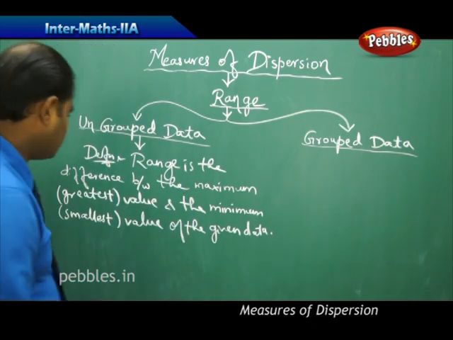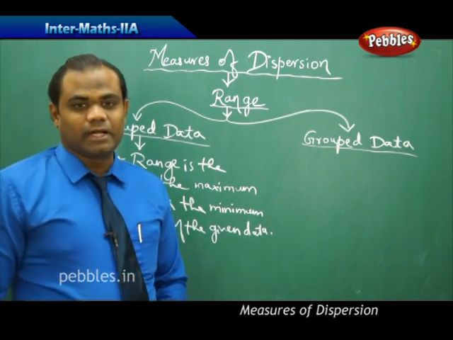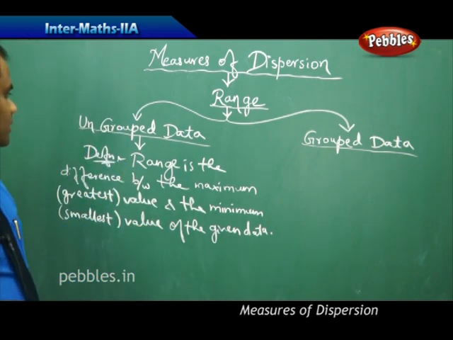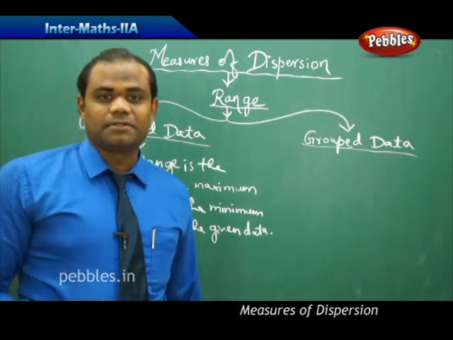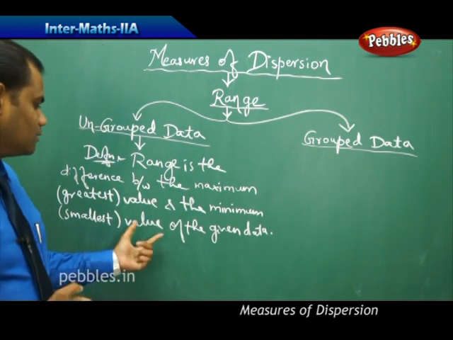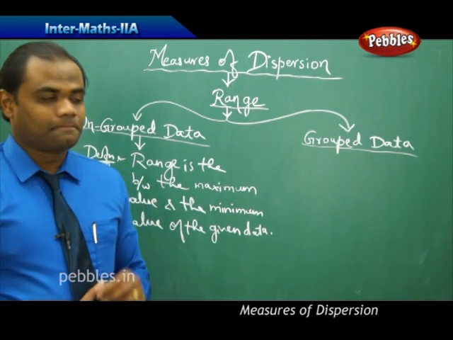So here it is the difference between the maximum and the minimum. It's quite simple that when I have the data as ungrouped data, then I have the range which is calculated by subtracting the least value from the highest value picked from the entire data.